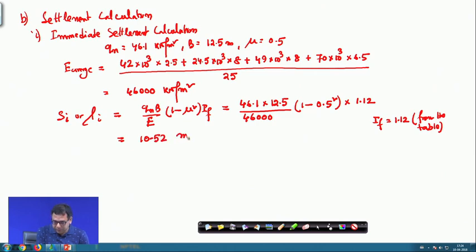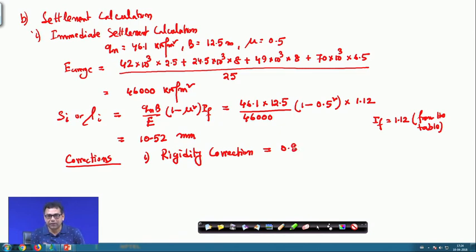So, this value is 10.52 millimeter. Now, the corrections. The first correction is the rigidity correction, which is equal to 0.8 because it is a rigid, rough foundation.